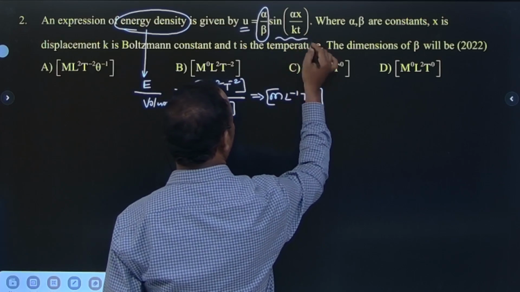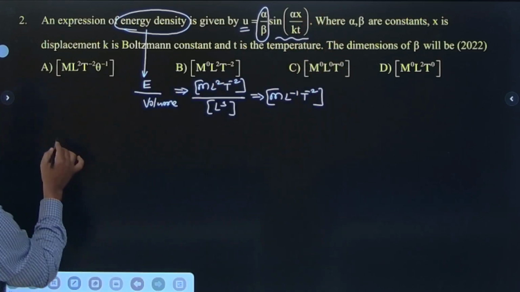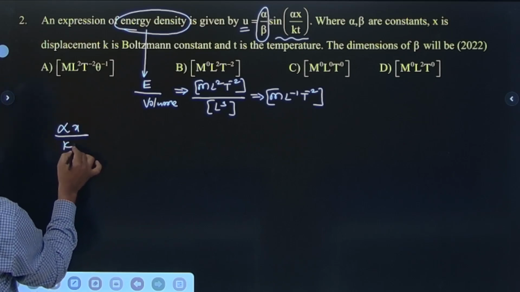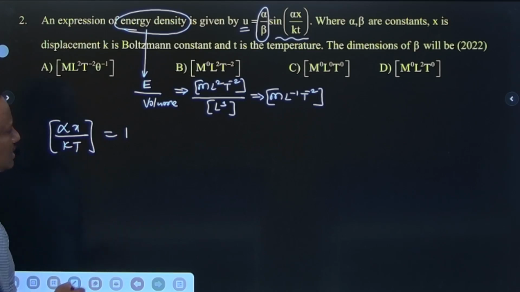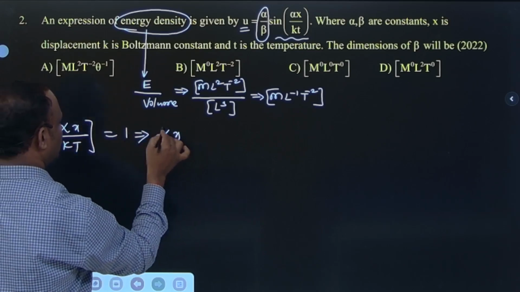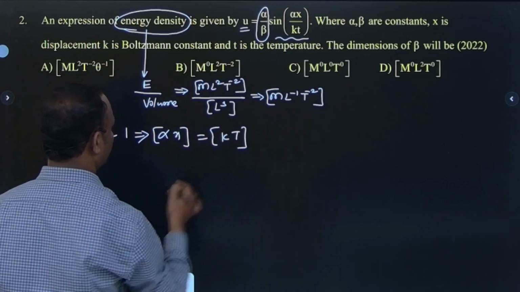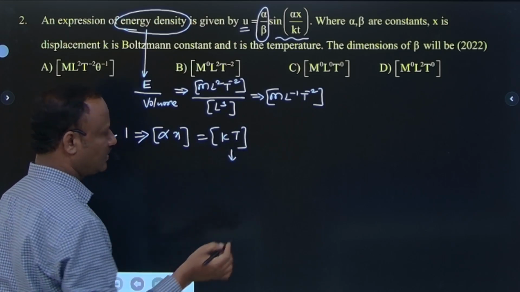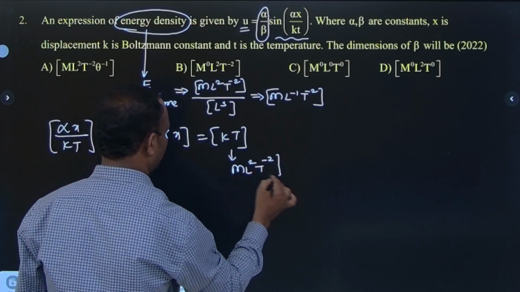And the next one is a trigonometric function, so it is a constant. Alpha x by kT is dimensionless, a constant. So the dimensional formula of alpha x is equal to kT, which we already did: the dimensional formula of work done, ML square T minus 2.